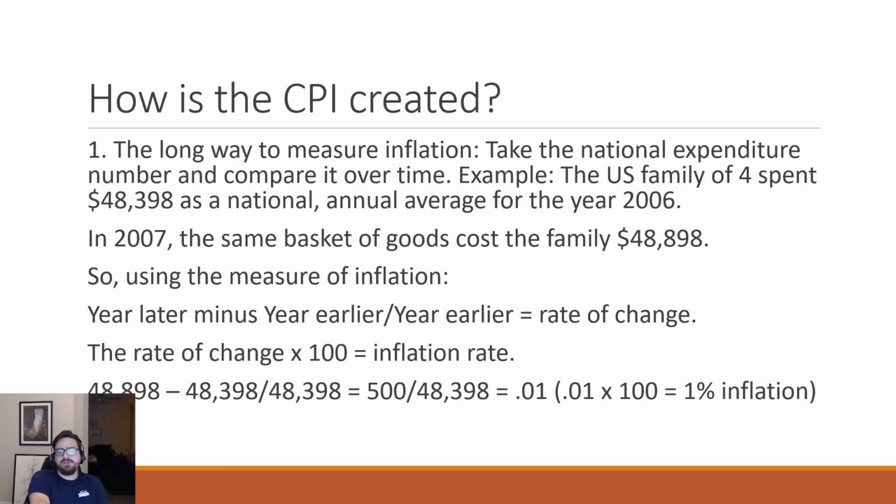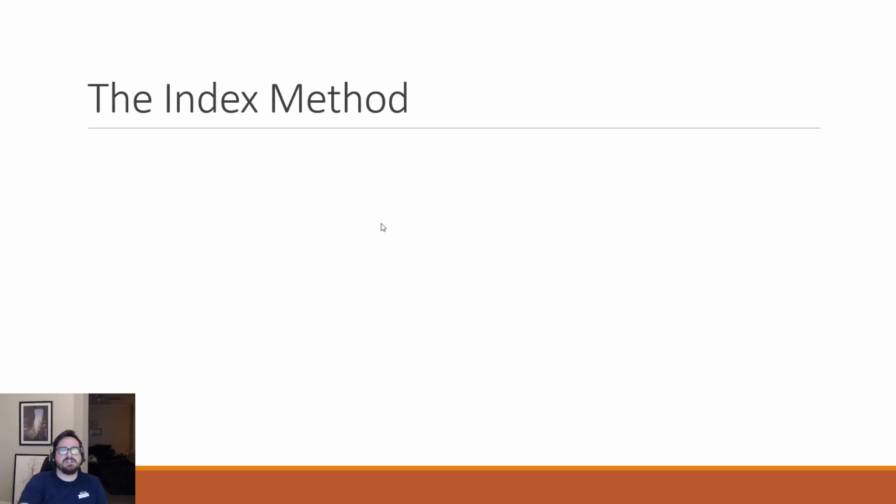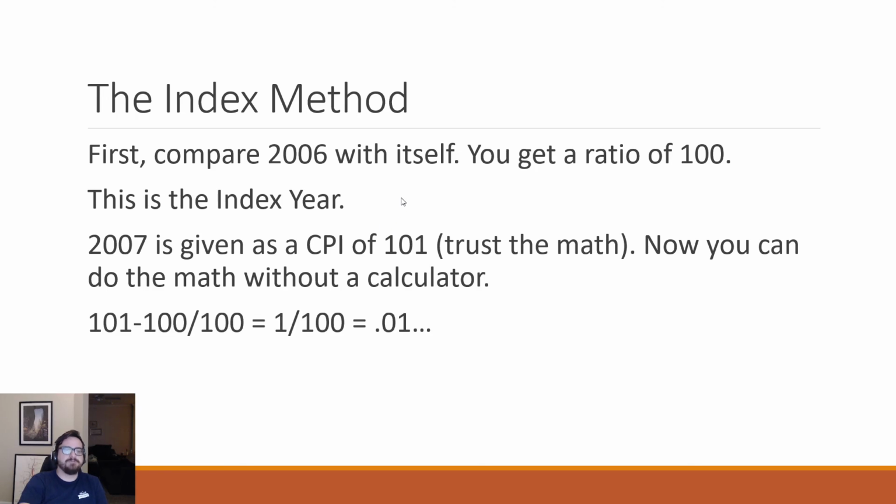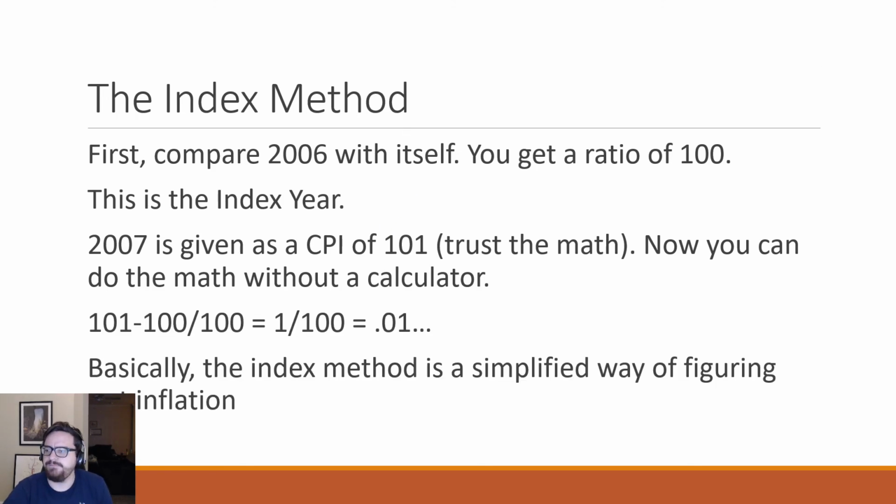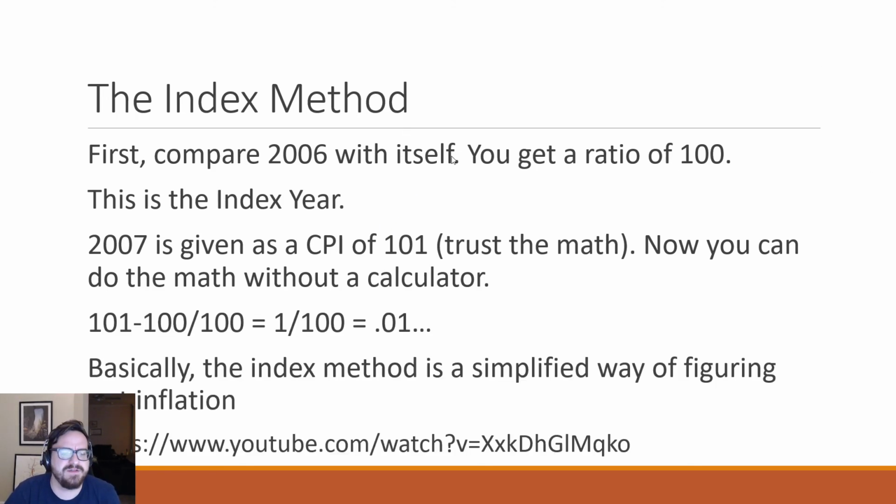I might not want to do 48,898 and 48,398. I'm pretty confident I can figure out 104 and 100. That's just 4. And then I can do some division and a multiplication off of 4. That's a little easier to deal with. So, I'm going to write the CPI formula. It's on the next slide, I think.